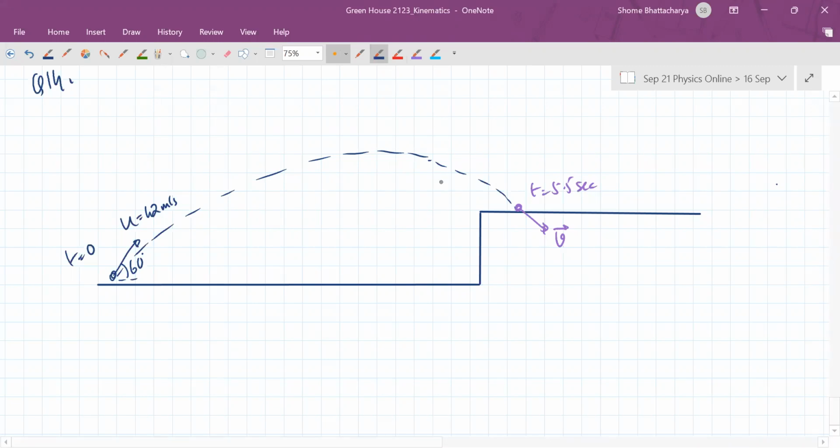So the height of the cliff is h, and the maximum height the projectile reaches is capital H. Then we have to find small h, capital H, and this impact velocity.